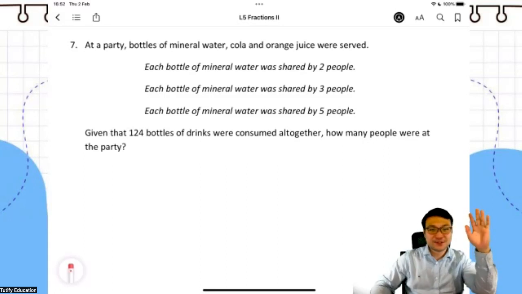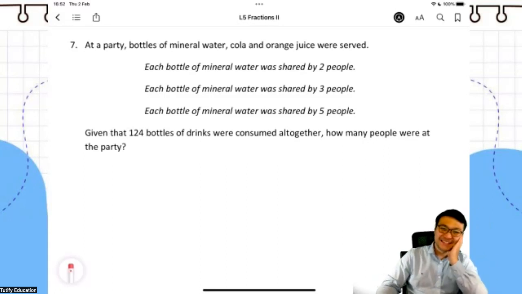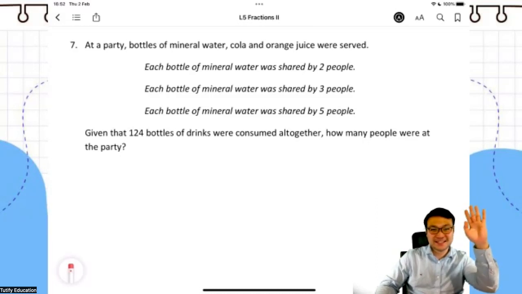Anyone have any idea how to solve this? No. Who wants to try? Anyone has any ideas?